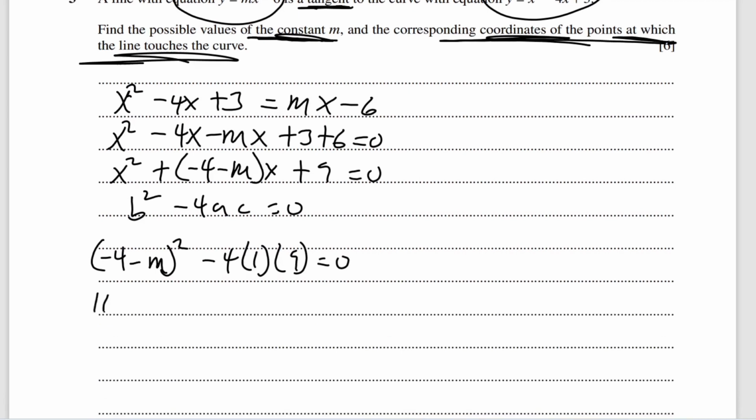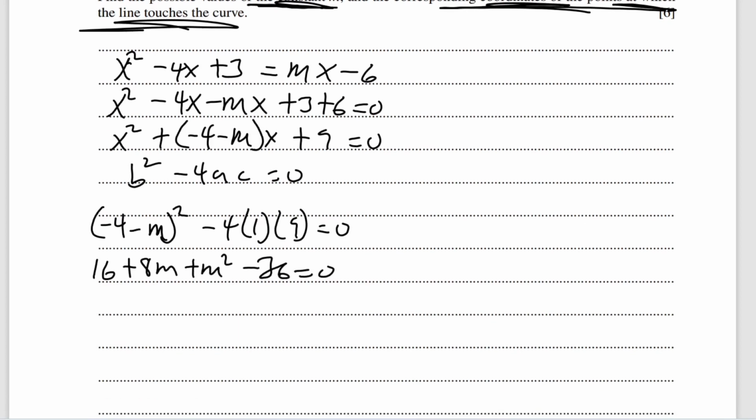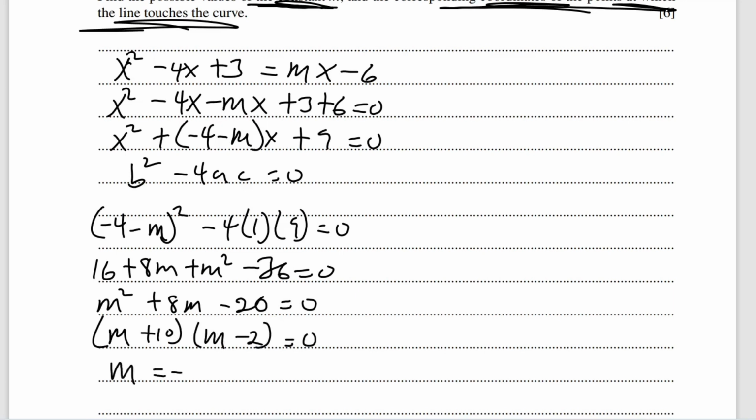So this will be 16 plus 8m plus m squared minus 36 is equal to 0, which will be m squared plus 8m minus 20 is equal to 0. You factorize this, get (m plus 10) and (m minus 2) is equal to 0. So your m is negative 10 or m is 2.